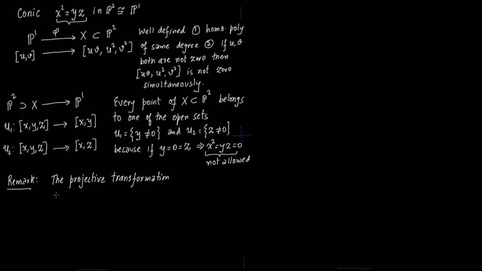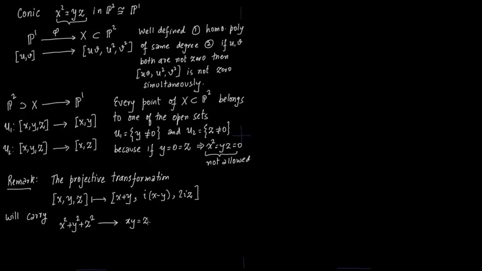Now I just want to make an important remark. So you have this projective transformation from P2 to P2. Here i is the complex number such that i square is -1. So this projective transformation will carry an irreducible curve of degree 2 to a conic.